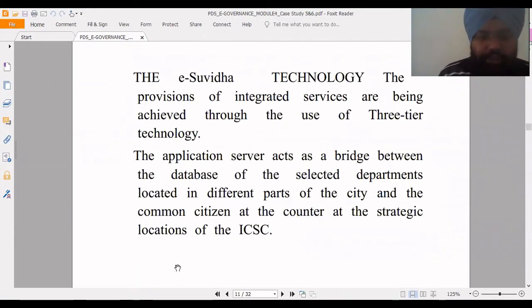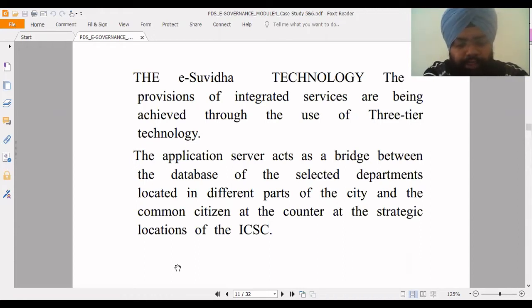Now the e-Suvidha technology, which I have told you previously, is that the provision of integrated services is being achieved through the use of three-tier technology, which I have already discussed with you.